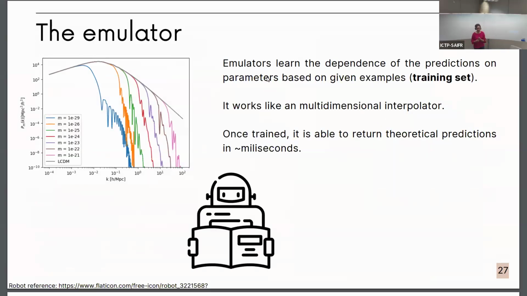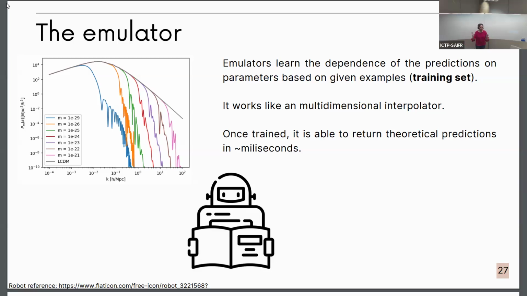So what's an emulator? It's machine learning. The idea of an emulator is a computer program that is able to learn the dependence of your observable, in our case for example the matter power spectrum, on your parameters. And it does this based on examples you give to the computer. We call these examples the training set.